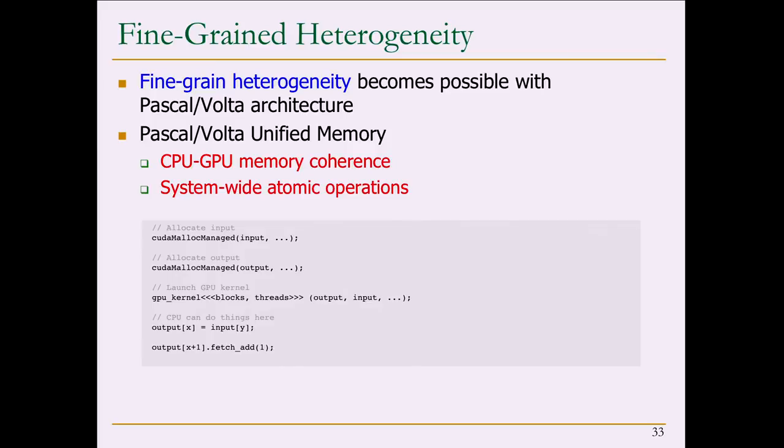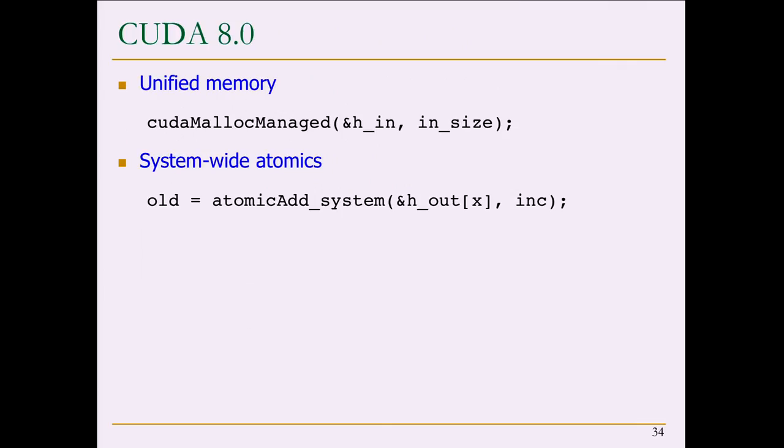And that's why these features are incorporated into CUDA. You're already familiar with cudaMallocManaged. Also, the system-wide atomics have a similar syntax to the atomic operations that we saw in the beginning of the lecture, but with the suffix _system, to indicate that they are system-wide atomic operations.